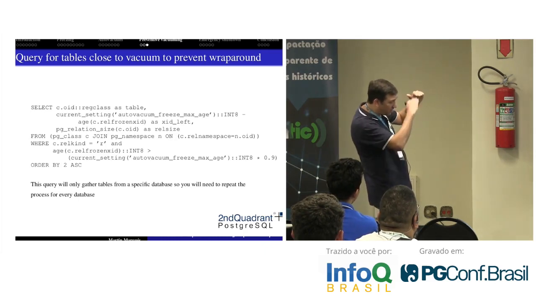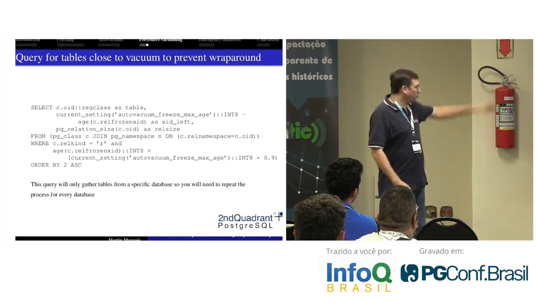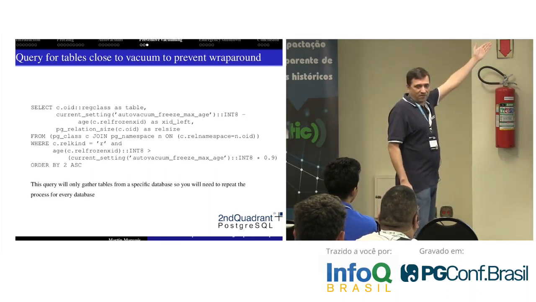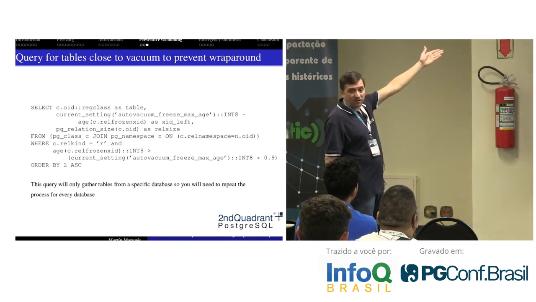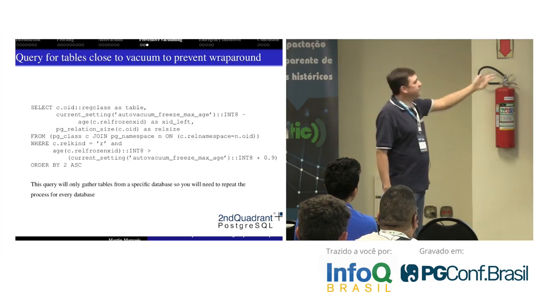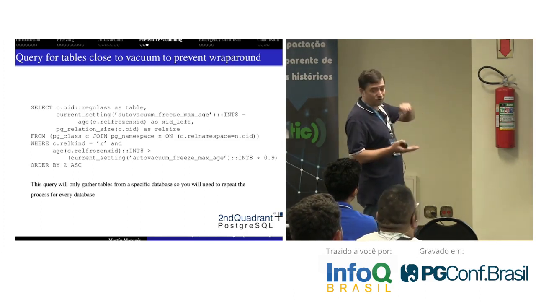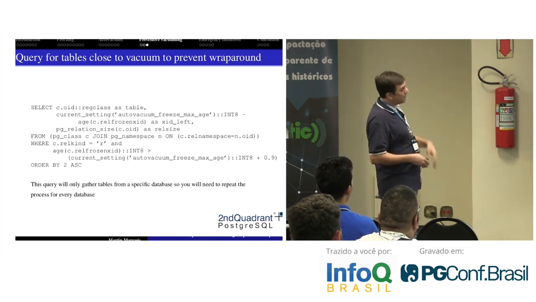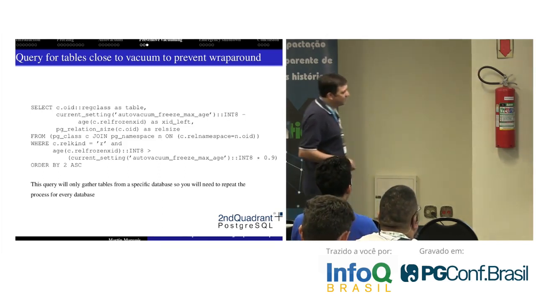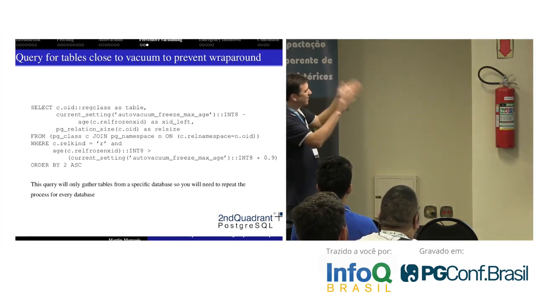Anything that is 90% of the value, I'm getting all those tables. I'm also getting tables that are above them. I'm getting everything above them. Even ones that are being vacuumed to prevent wraparound right now. And I order them by the XID left. So first tables are going to be the ones that I need to vacuum earlier, but I should vacuum all of them. So you run this query, you gather the tables, and, well, you're done.